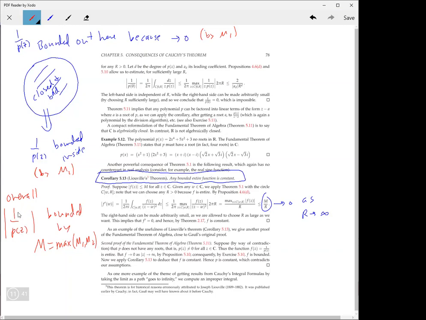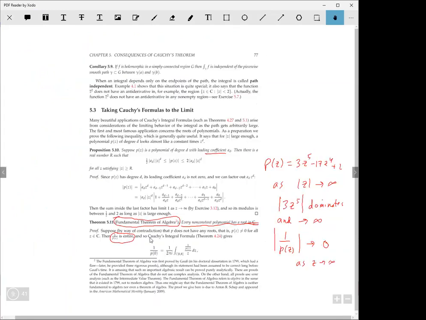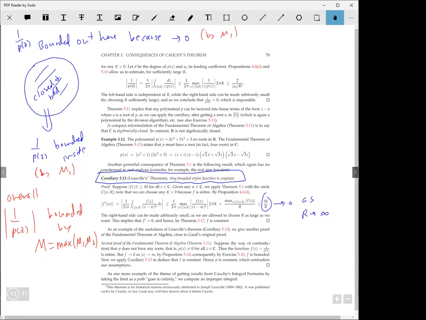So this is entire and bounded, which means what? It's bounded and entire, which means it's constant, right? Which is a contradiction. So basically, we proved the fundamental theorem of algebra. Yay.